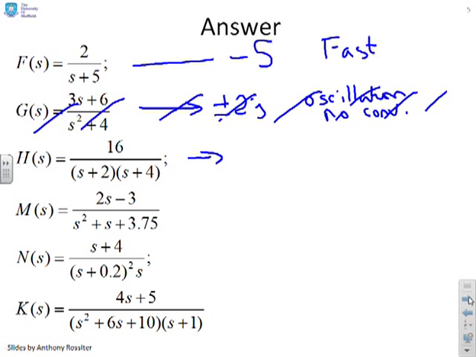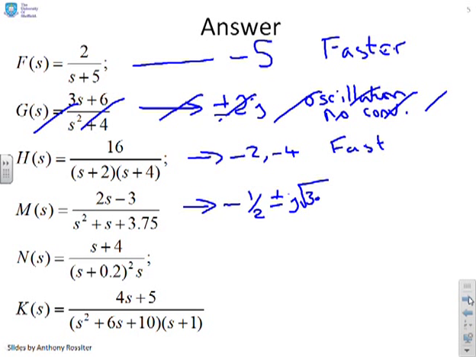The next one's got poles at minus 2 and minus 4. So this is fast, or reasonably fast, but it's not as fast as the one above. So I'm going to put here faster for the one above and fast for H of s. This next one has got poles at minus a half plus or minus j root 3.5.